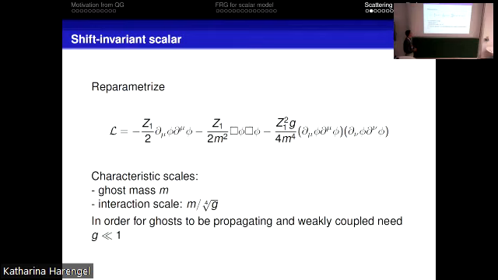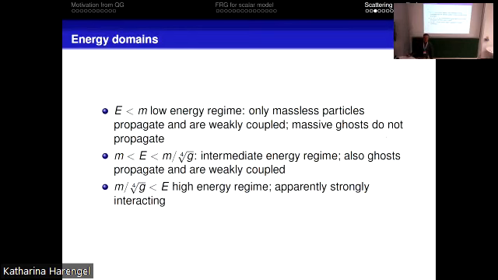And since we want to have some regime where the ghosts propagate and are weakly coupled, we're going to assume that G is small, so that this strong interaction scale is much larger than the mass of the ghost. Okay, so then we have to distinguish these three different energy domains. If the energy is less than m, we are in the low energy regime, where only the massless particles propagate, and they are weakly coupled.